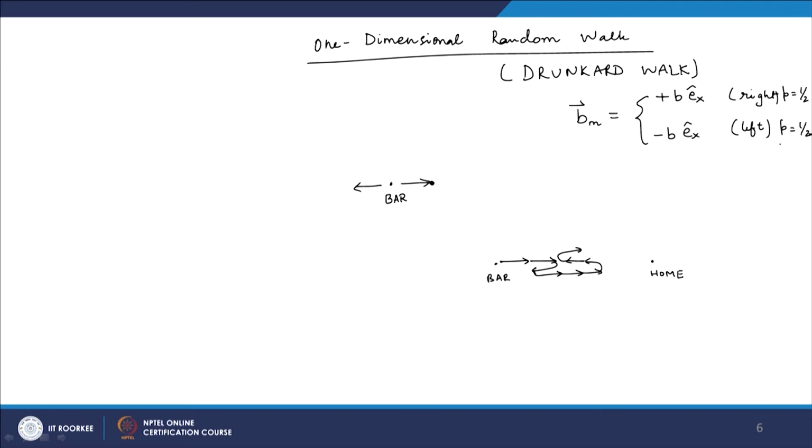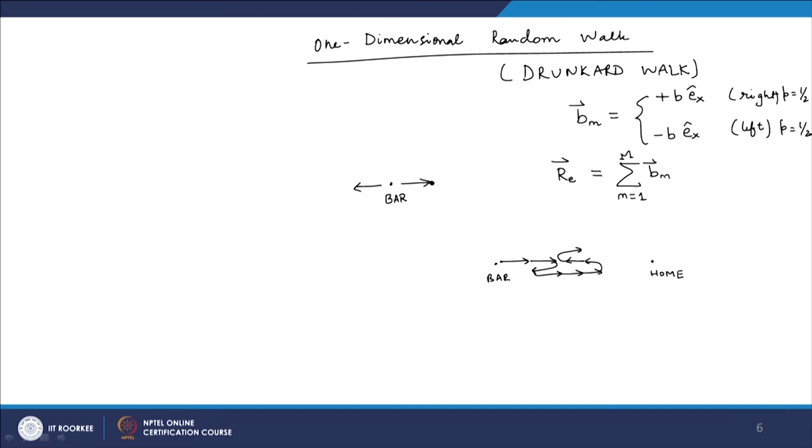Okay. So now again, if he is making capital M steps, then the end to end distance that he has traveled is the sum over all these steps. Okay.